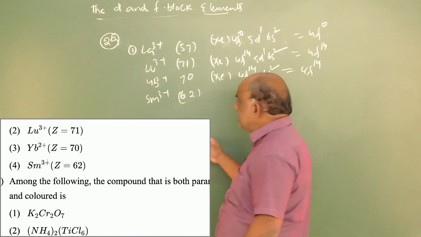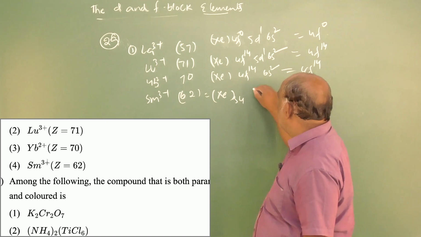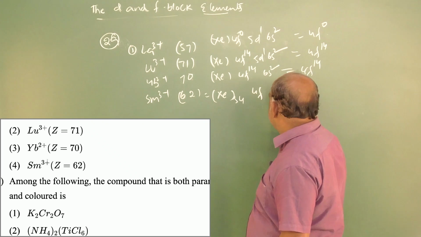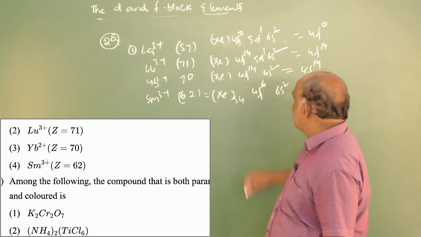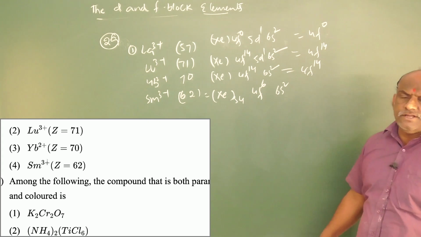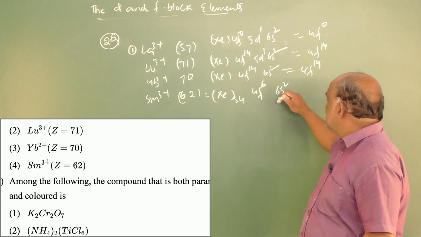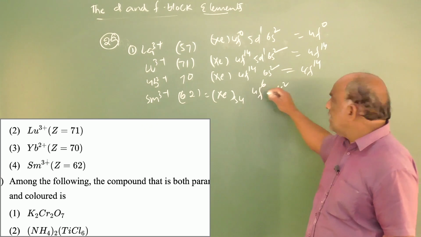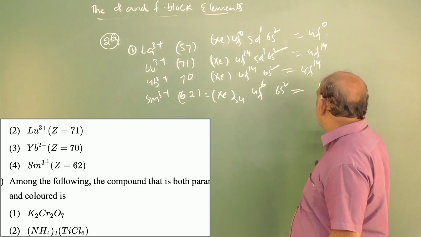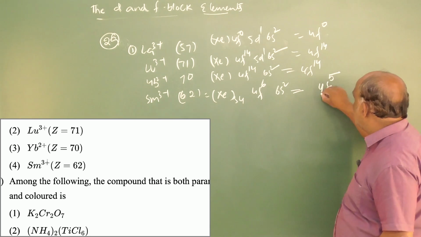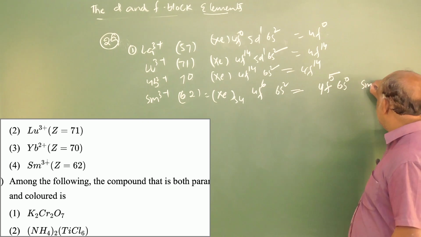Going to samarium 3+: xenon 54 plus 4f and 6s2, 54 plus 2 is 56, 56 plus 6 is 62. So the samarium configuration is xenon 54 4f6 6s2. Removal of 3 electrons from this gives 4f5 6s0, which is Sm3+.